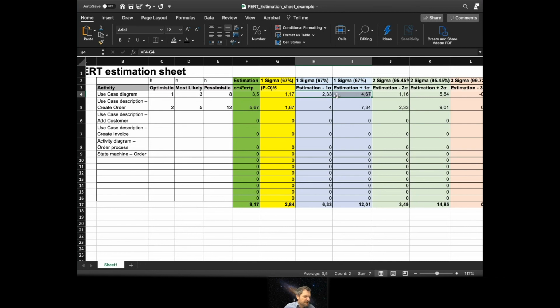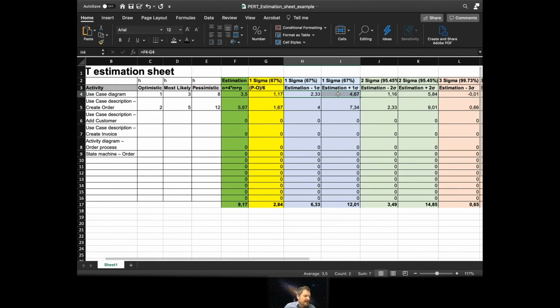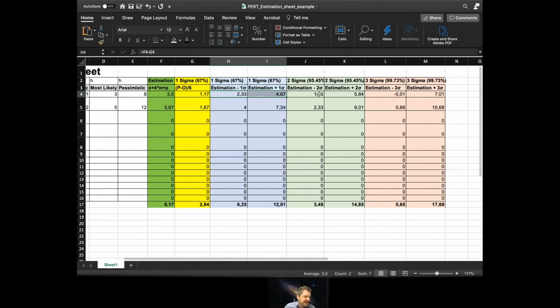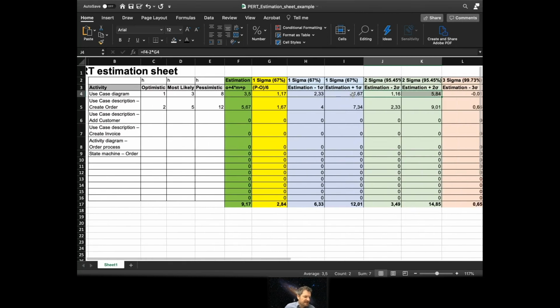This is what is written over here: plus sigma and minus sigma. You can also go even further and say, okay, I can even be 95% sure that I finish this task between 1.1 days and 5.8 days. So you are providing a more realistic range.